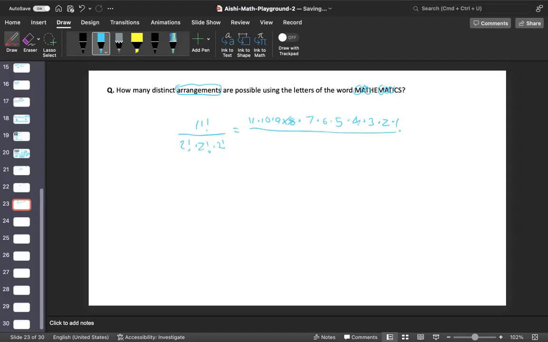All of this divided by 8, since 2 factorial is 2, so we end up with 2 times 2 times 2, which is 8 in the denominator.